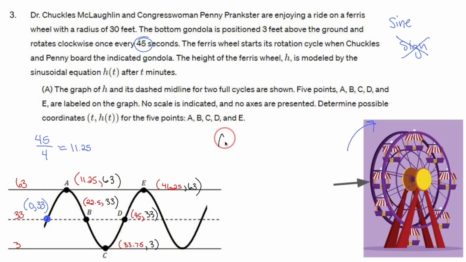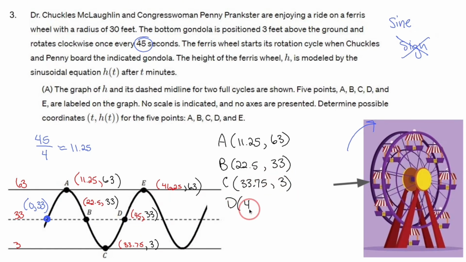But the obvious ones for me are the ones that start out at A, so 11.25, 63, B, which is 22.5, 33, C, which is 33.75, regular 3, D, which is 45 seconds, 33 at height, and E, which is 50.